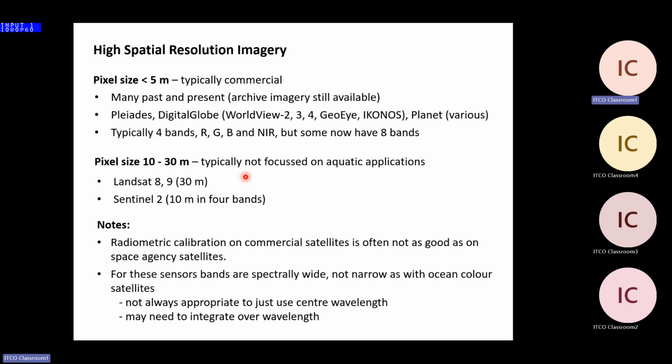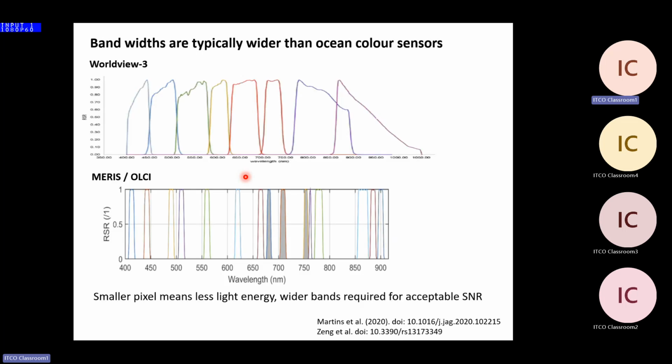Another important point is that for these kinds of satellites, the bands are relatively spectrally wide compared to what you might be used to for ocean color satellites. This is an example of WorldView-3 band relative spectral response functions compared to MERIS and OLCI, which I've stretched so they're on top of each other, and you can see how wide the bands are for WorldView compared to the narrow bands you get with the ocean color satellites.